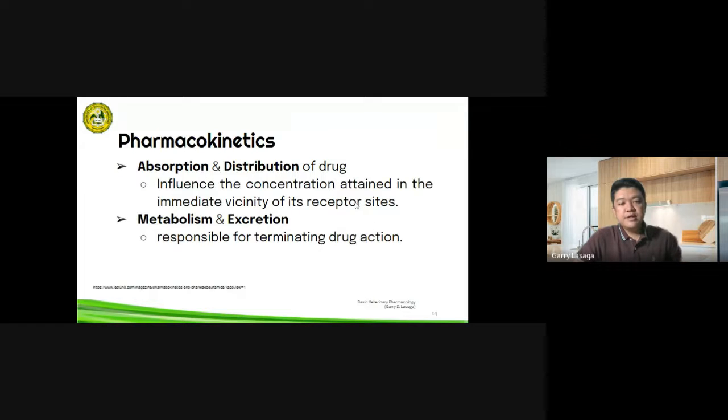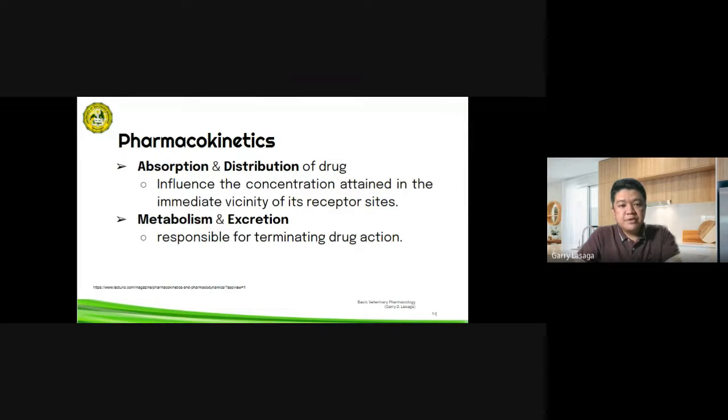For metabolism and excretion, these two factors are responsible for terminating the drug action. When we say terminate, that is a process that will make the drug inactive in order for it to be excreted from the body. So when the drug is metabolized and excreted, the concentration of the drug will also be reduced in the body, so the duration of the effect will also differ.